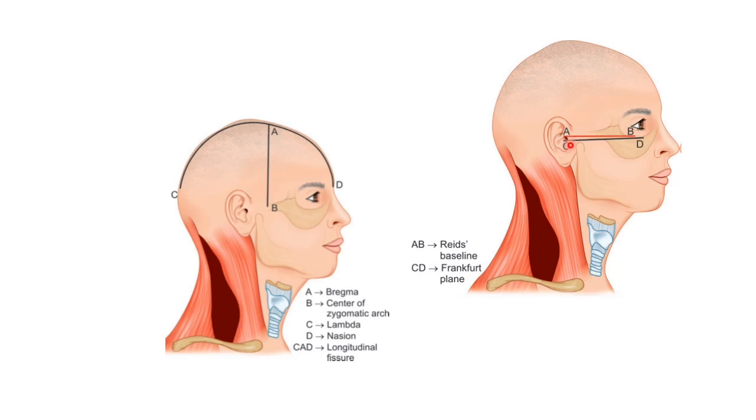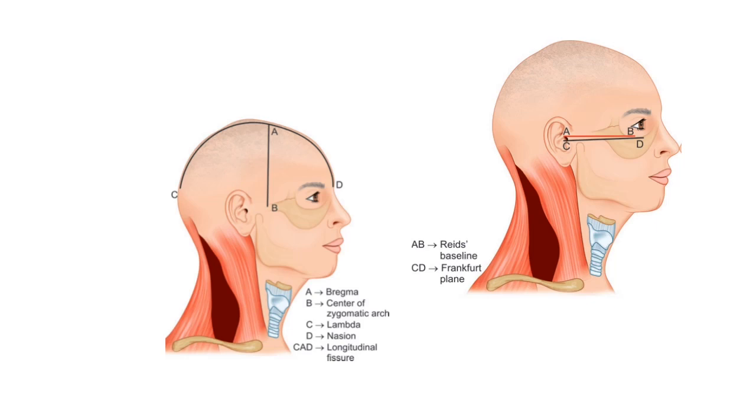It is a line along the lower margin of the orbit to the upper border of the external acoustic meatus. Then we have the Frankfurt horizontal plane, the plane along the infraorbital margin through the midpoint of the external acoustic meatus. So there is a little difference between Reid's baseline and the Frankfurt horizontal plane, right?